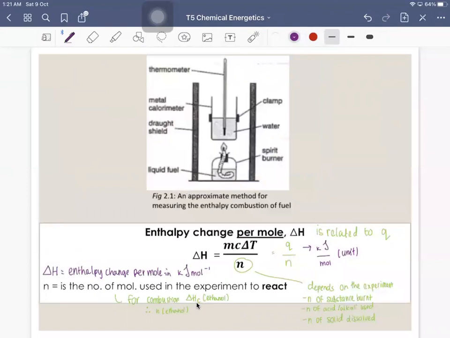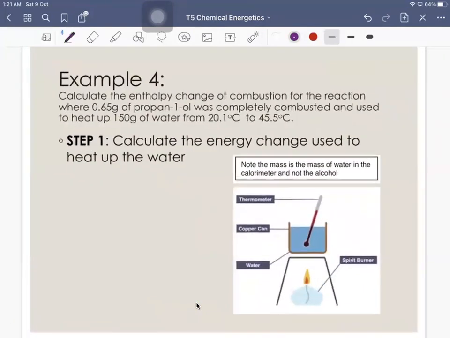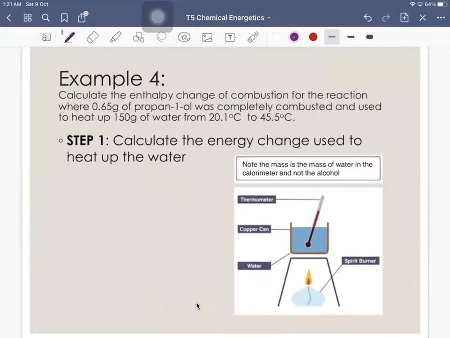Now we're going to do one question before we end this lesson. Example 4. Let's have a read. Example 4. Calculate the enthalpy change of combustion for the reaction where 0.65 grams of propanol was completely combusted. So let's highlight.